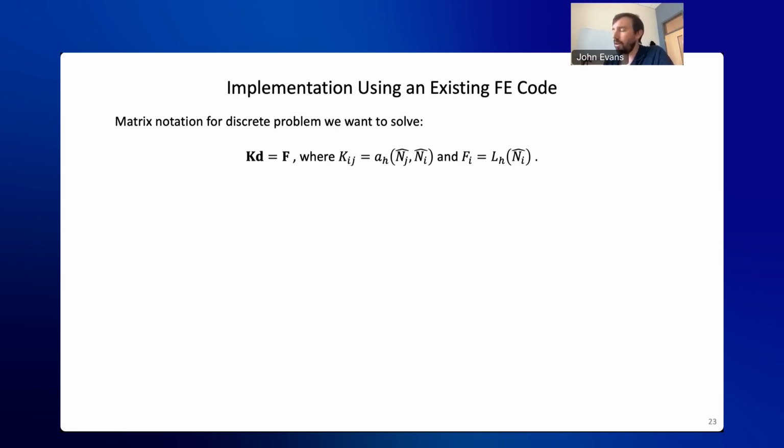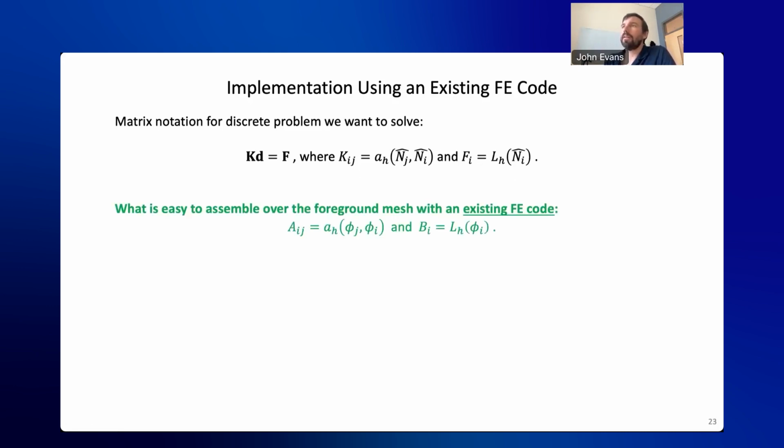So we've just taken our interpolated background basis into that, and our ith entry of F is taking our linear form, defining our right-hand side, and taking as input our ith interpolated background basis. Now, what is easy to assemble over the foreground mesh with an existing finite element code is not this, right?